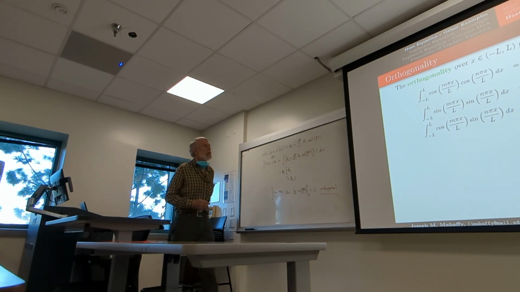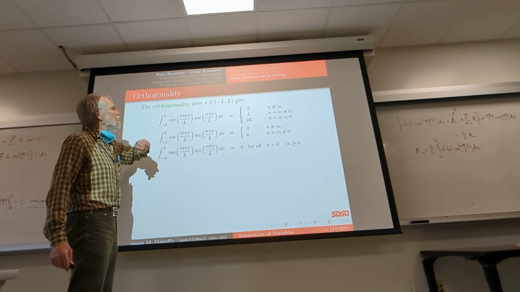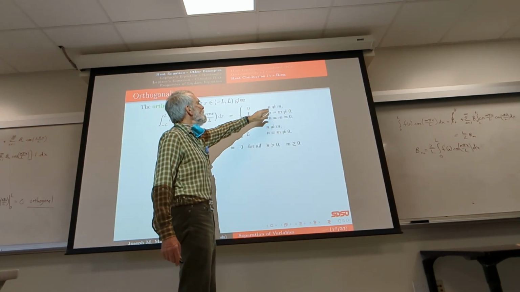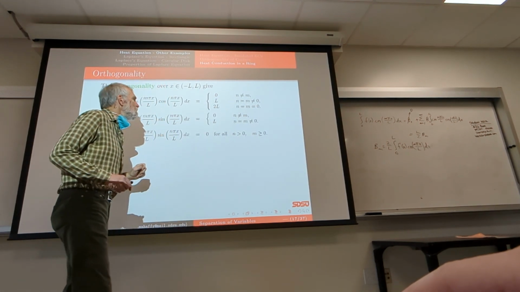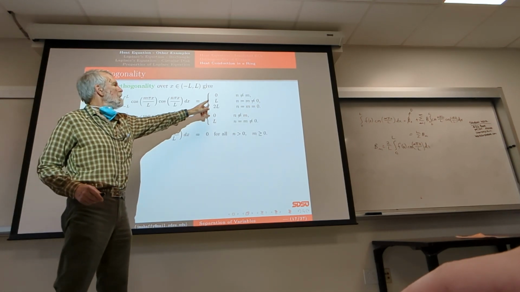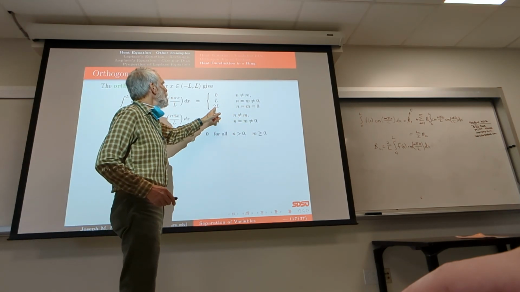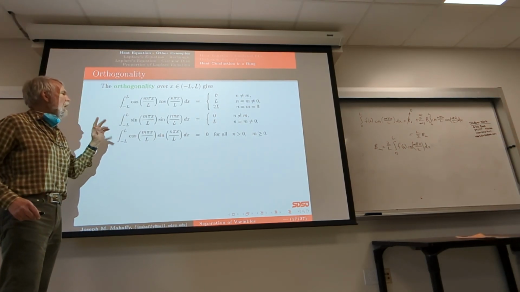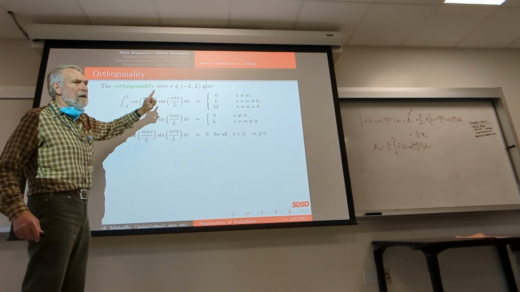So, if you integrate from minus L to L of the cosine functions, for n not equal to m, then you get 0, orthogonality of those. For n equal to m, you get L, and when n equals m equals 0, you get 2L. For the sine, we don't worry about the n equals m equals 0. Notice when n equals m, we're saying 1 and 1.